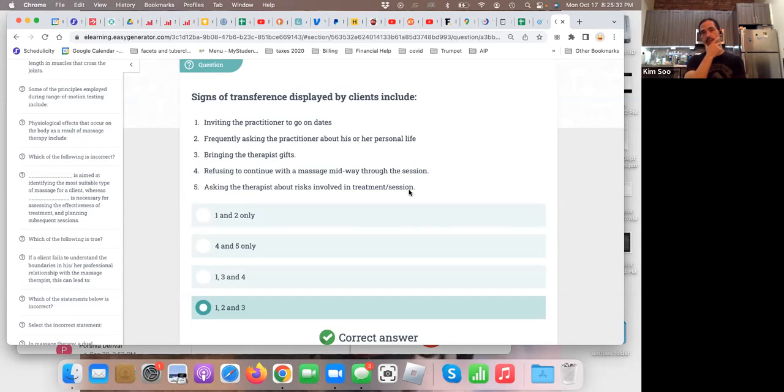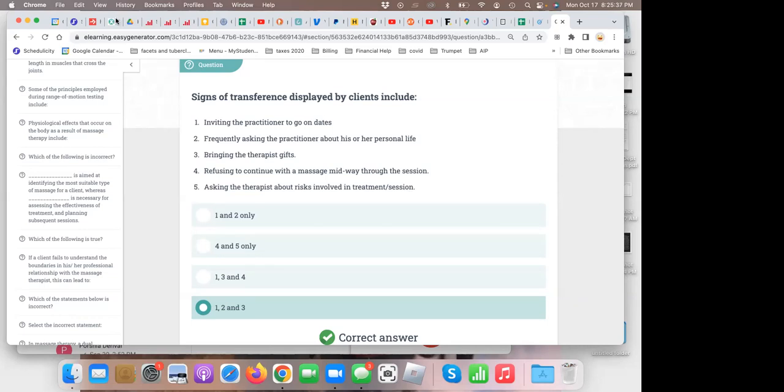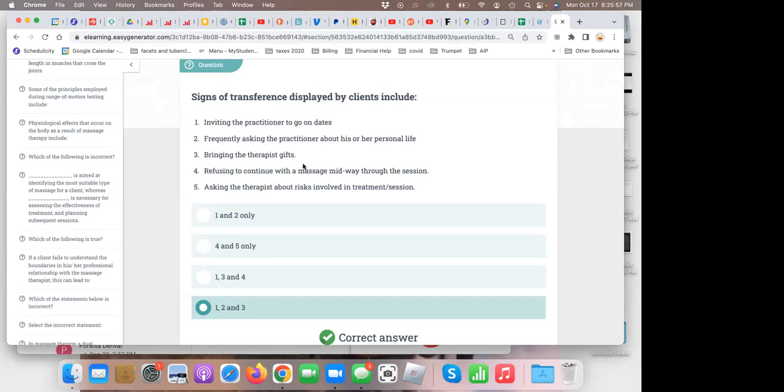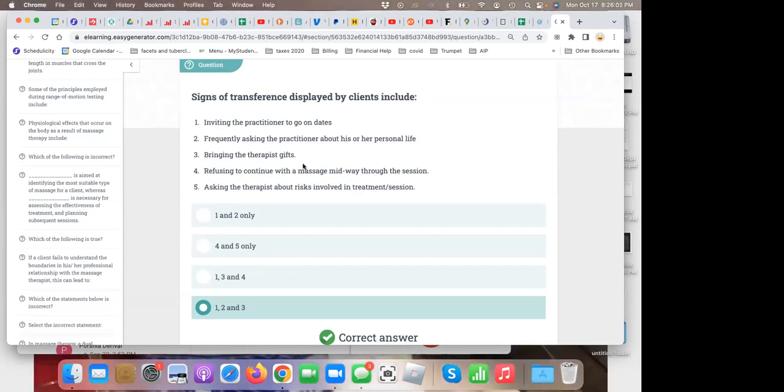Refusing to continue with a massage midway through the session. That's just drawing a boundary, right? Yeah, that's not really feelings or identifying with the therapist inappropriately. That's not seeing the therapist as a romantic partner or as a friend or as a personal relationship, right? Okay. Bringing the therapist gifts. Now, is that a relationship with the therapist that is of a personal nature, maybe even a romantic nature?